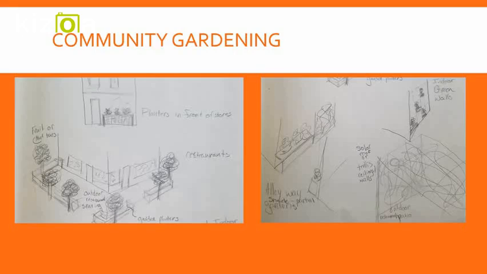Also in areas where there are shadier alleyways, there are trellises that we can use, and different plants require less light. I believe squashes require less light, and that would work well in those areas as well.